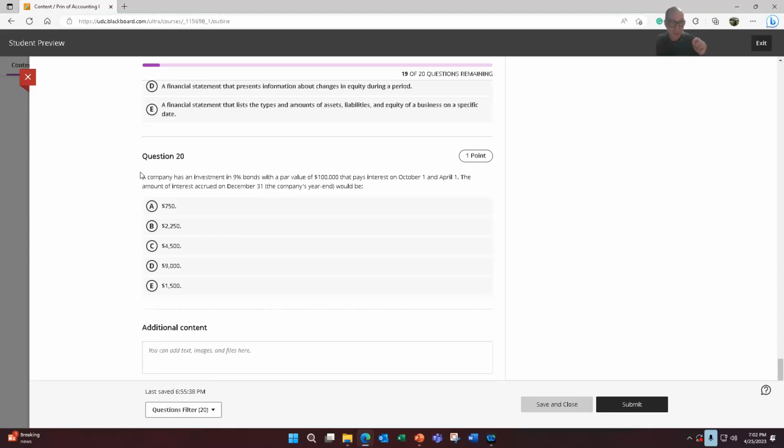Lastly, a company has an investment in 9% bonds at par value. The amount of interest accrued would be. In the conversation on bonds, remember if it's a long-term bond, how long the bond is tells us how much interest we pay.